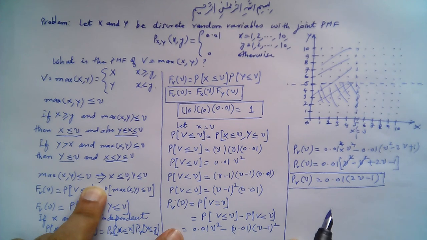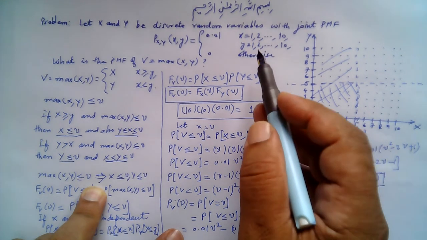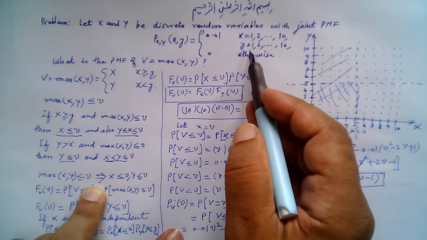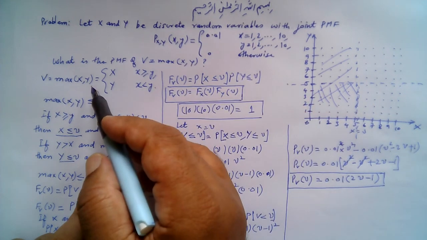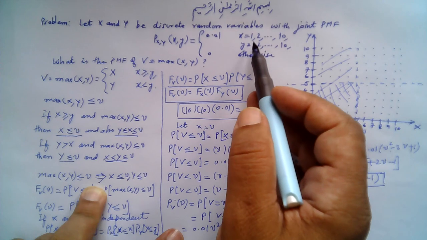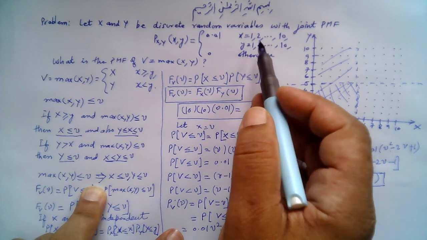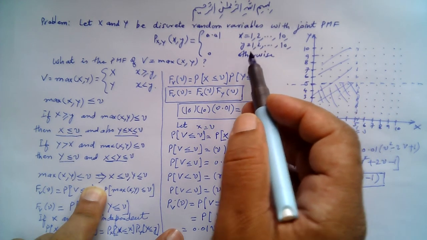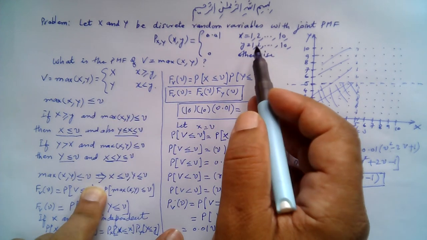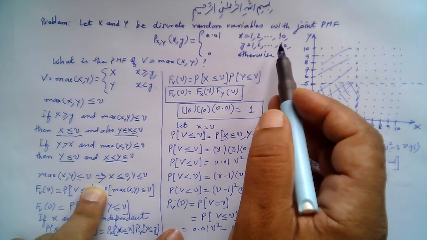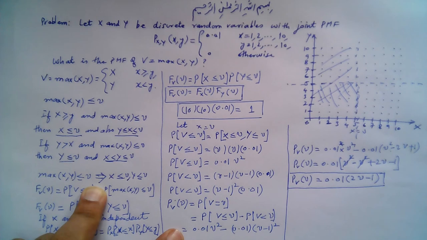You also see that the derived random variable V takes on values from 1 to 10 like X and Y. Because this is the maximum of X and Y, it cannot be lower than 1 and it cannot be greater than 10 because it is chosen from X and Y. So if X and Y take values from 1 to 10, V also takes on values from 1 to 10.